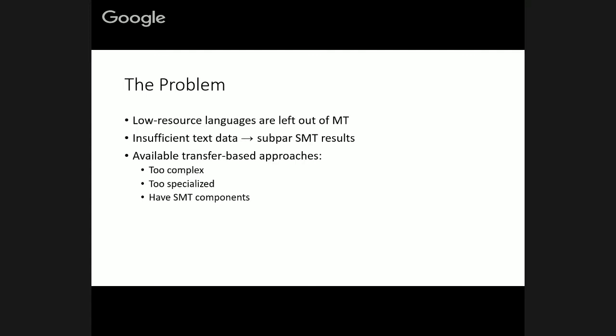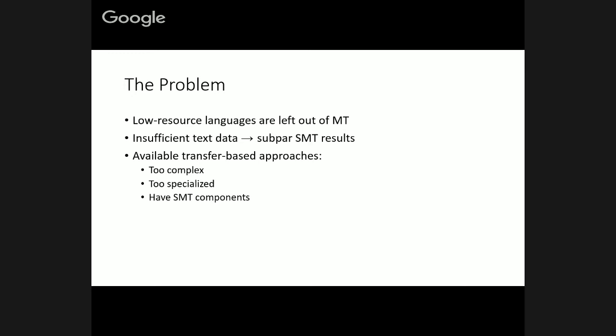But, so what's the problem we have today? The issue is that low-resource languages, like the ones we are often working with in SIL, are kind of left out of this whole machine translation revolution. And the reason is there's not sufficient text data to do what's called statistical machine translation. To do statistical machine translation, you need lots of data and parallel texts, and the more data, the better your results.